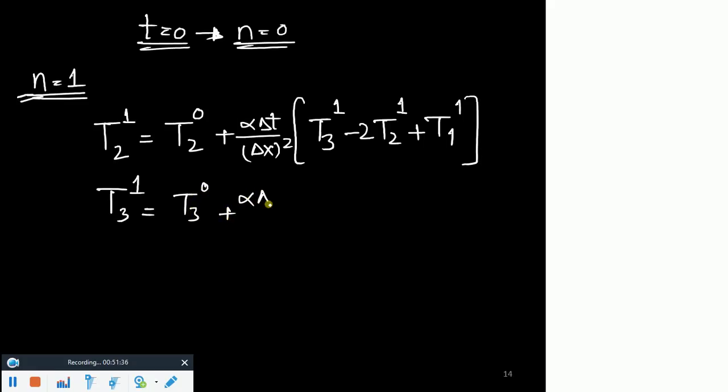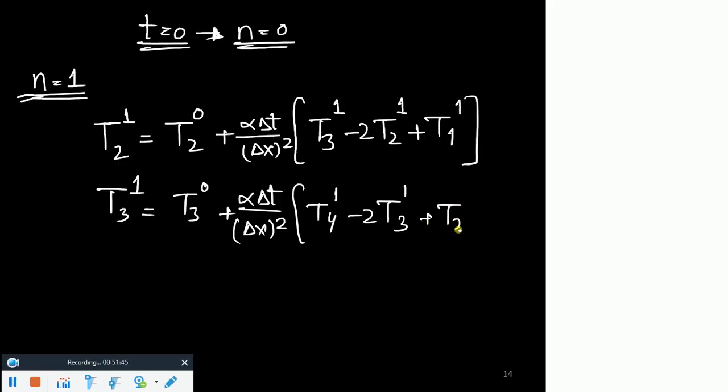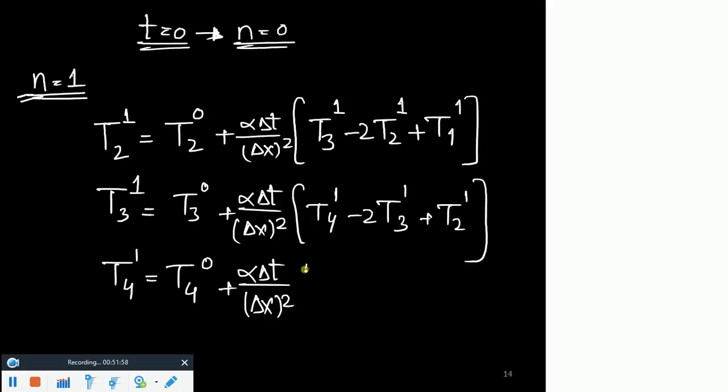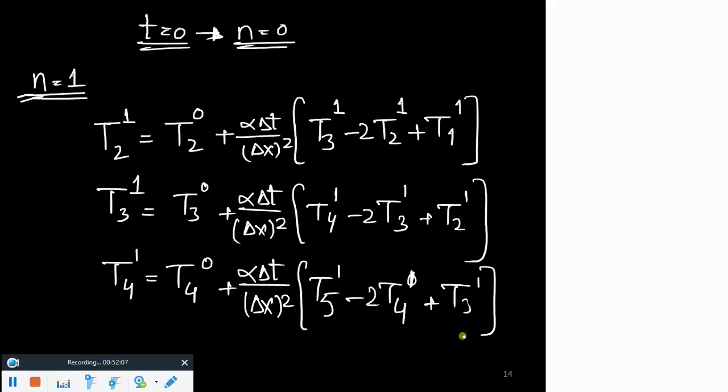T3,1 equals T3,0 plus alpha delta t by del x square, T4,1 minus 2T3,1 plus T2,1. Similarly, T4,1 equals T4,0 plus alpha delta t by del x square, T5,1 minus 2T4,1 plus T3,1.